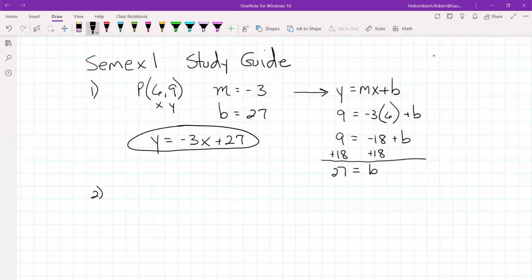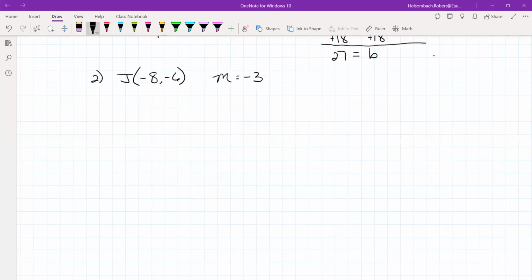Problem number 2, write an equation in point-slope form. We're going through the point J, which is at (-8, -6). And our slope, we've got an m of -3 again. And point-slope form is y minus y sub 1 equals the slope times x minus x sub 1.